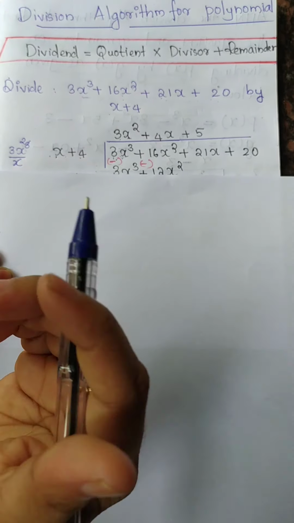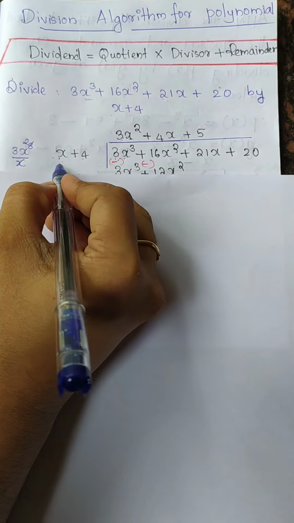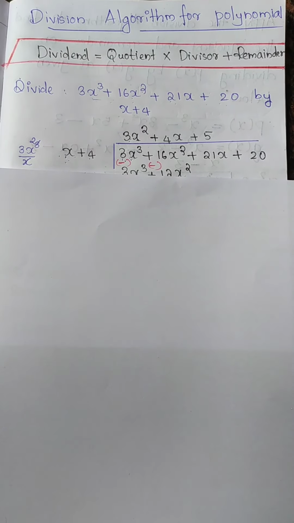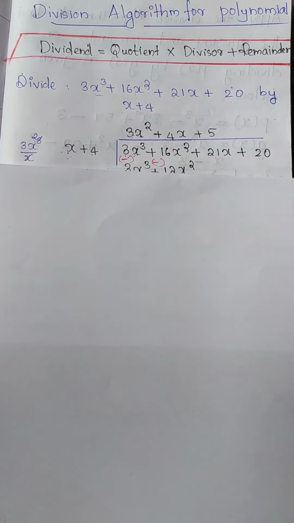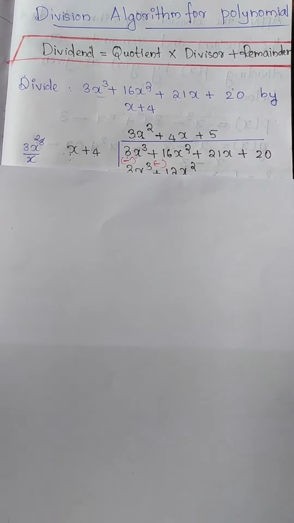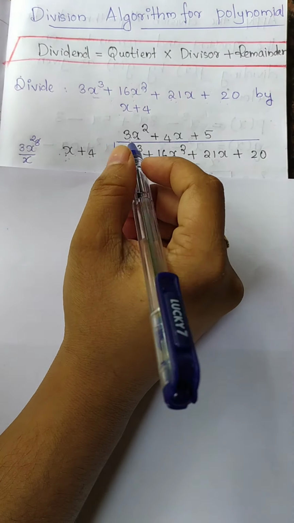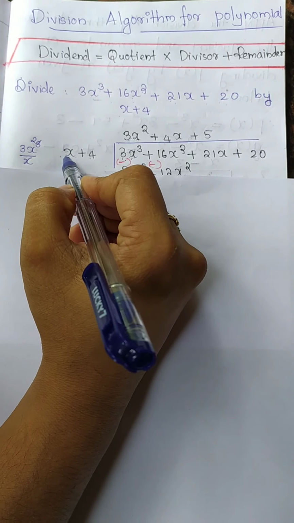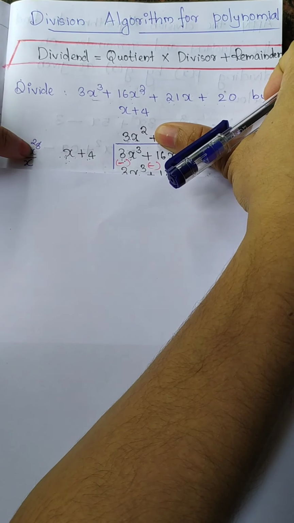Now what is the third step to remember in the division algorithm for polynomials? Third step is to obtain the second term of the quotient, that is, we have to multiply this term by the divisor. Just look at this, 3x square into x.